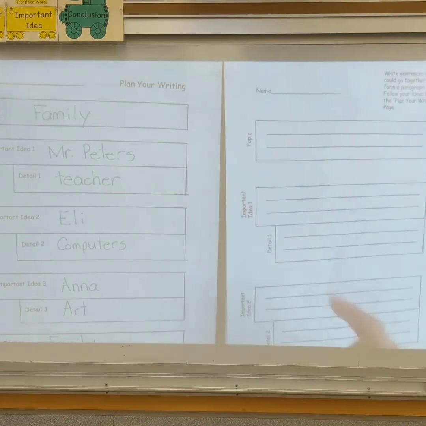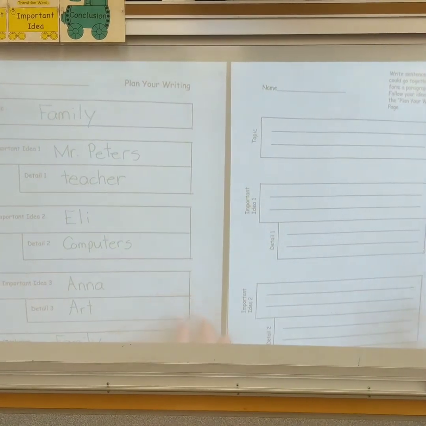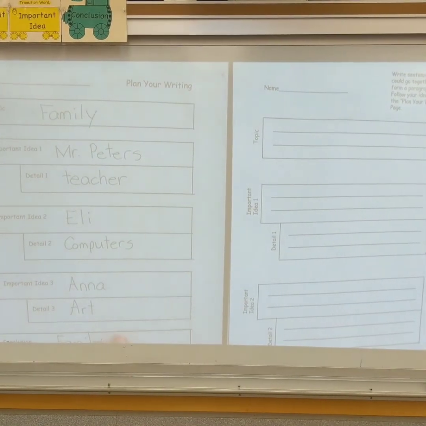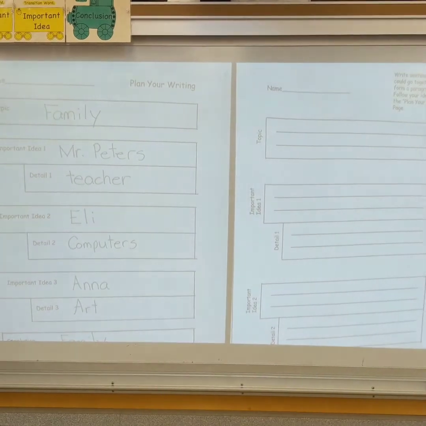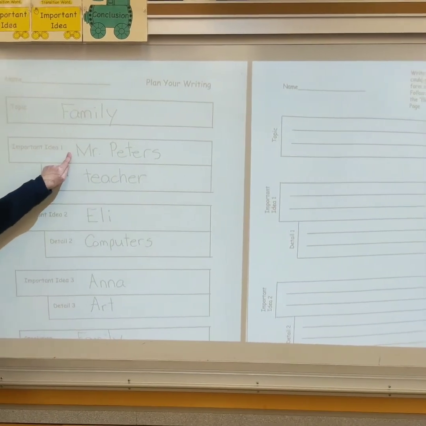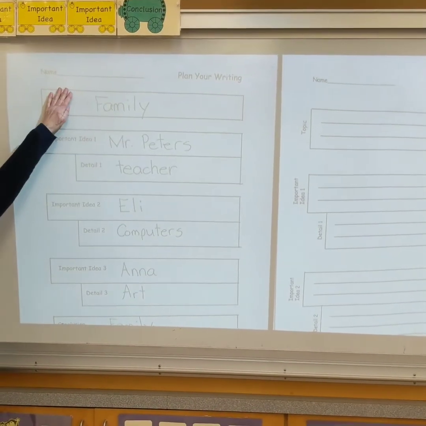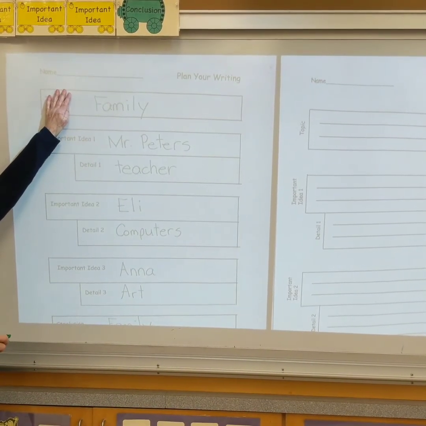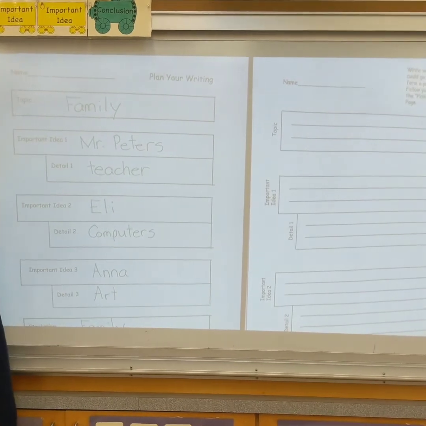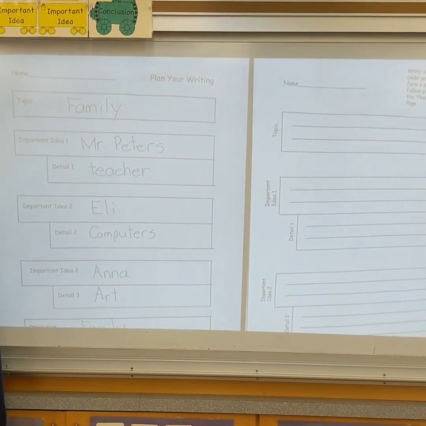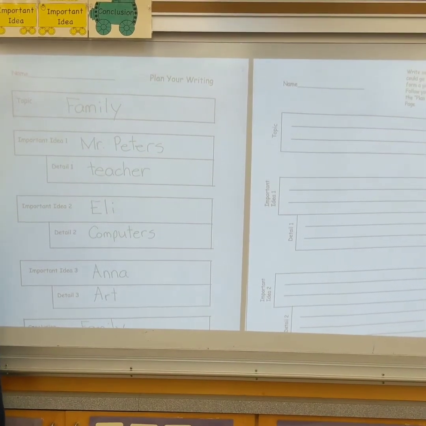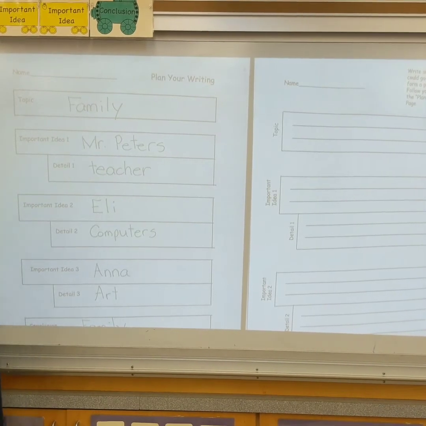Okay? So remember, for your topic sentence, you don't want to give any of the important ideas yet. I'm not going to say anything about Mr. Peters or Eli or Anna. I'm just going to let you know I'm writing about my family. And I could just write a sentence that says, I'm writing about my family. But that's not very magical.